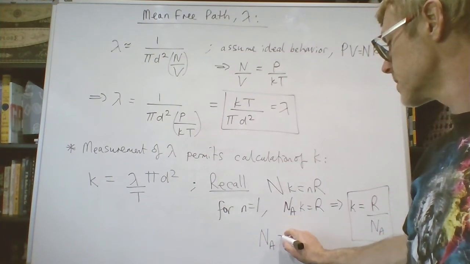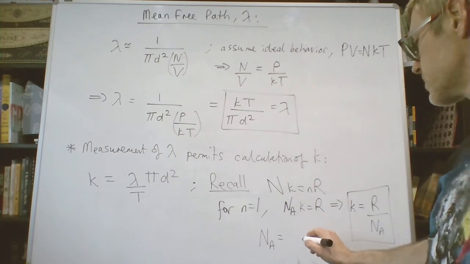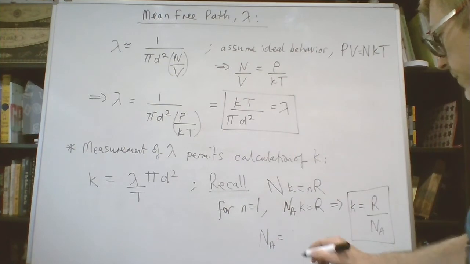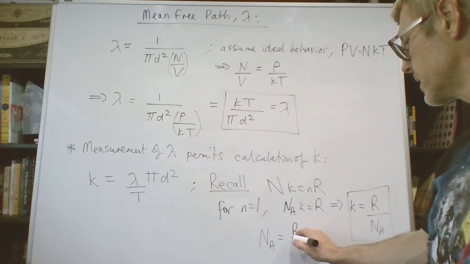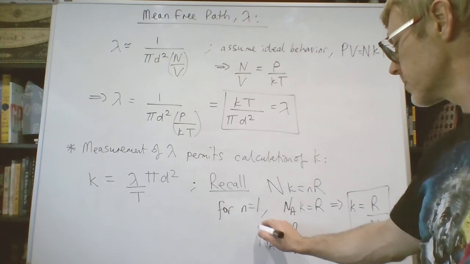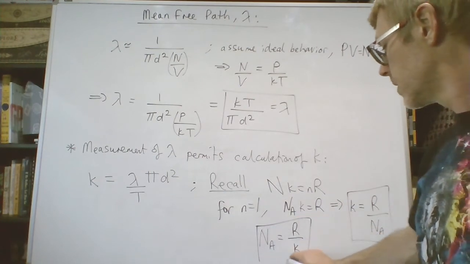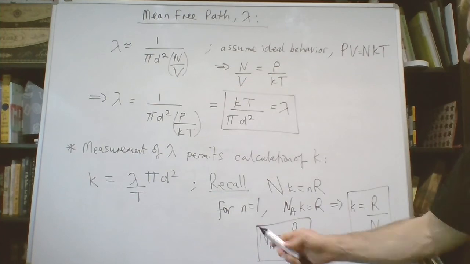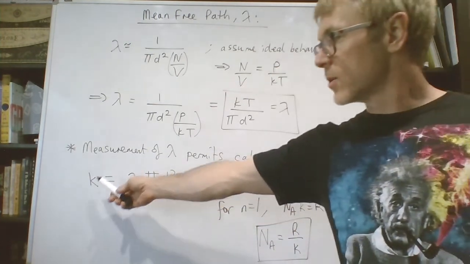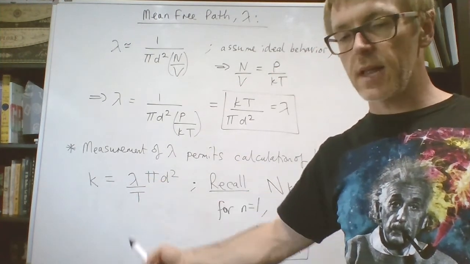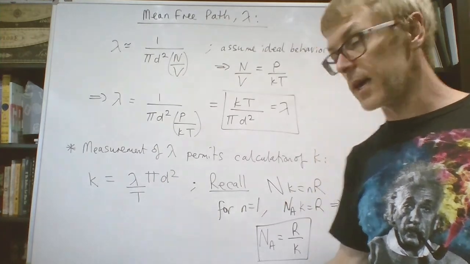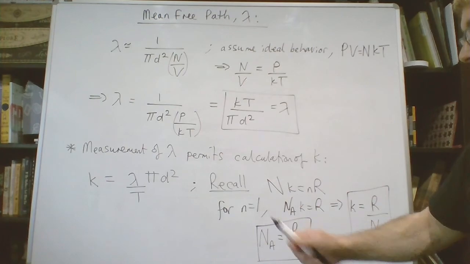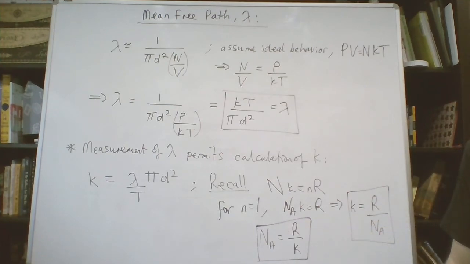So Avogadro's number, to quantify it, would just be the ratio of the ideal gas constant over Boltzmann's constant. So essentially, once you use the mean free path equation to calculate Boltzmann's constant k, you can sub it in here to the ideal gas equation and numerically quantify Avogadro's number.